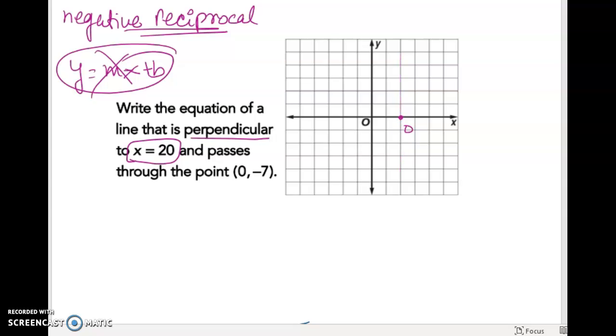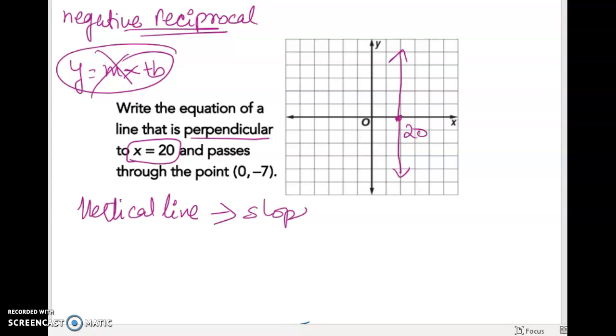Let me try to redraw it. So it will be a vertical line, right? And slope of a vertical line, we have discussed this earlier, is undefined.